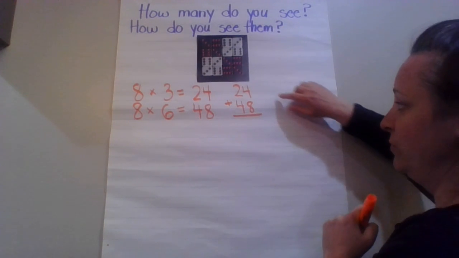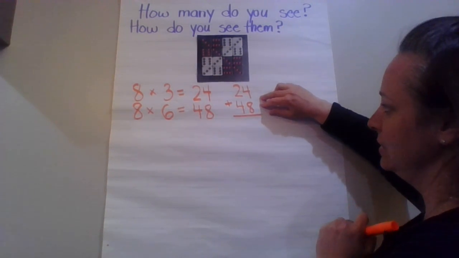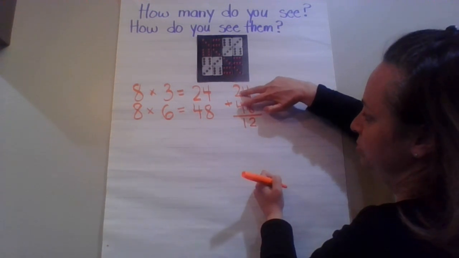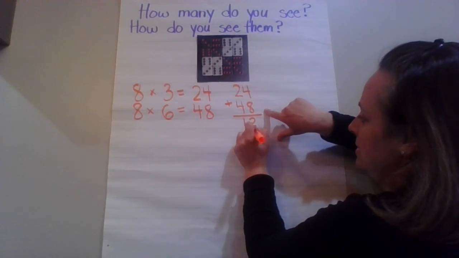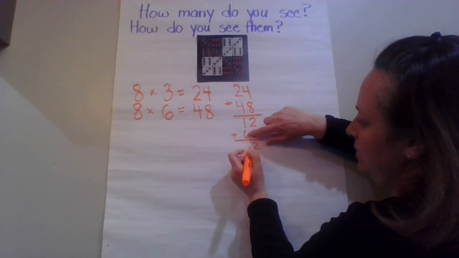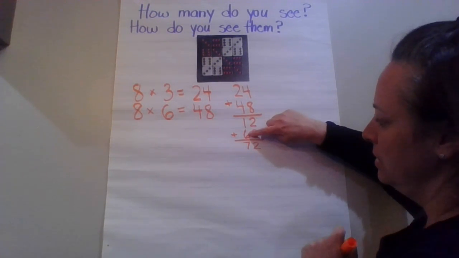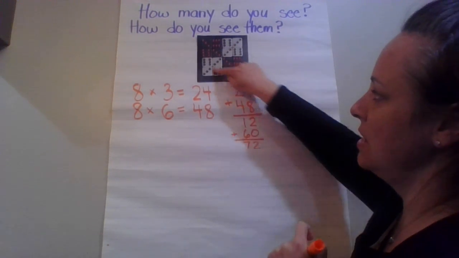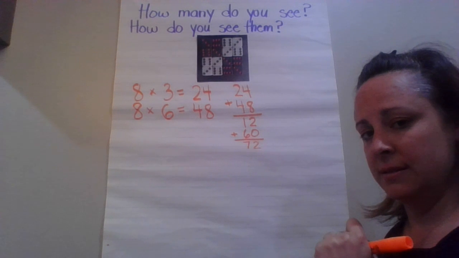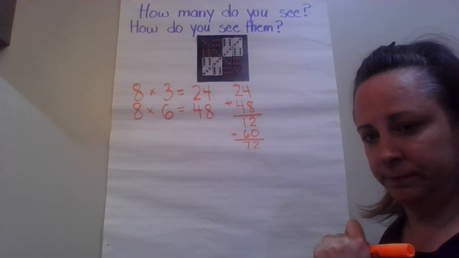You can do the algorithm if you know how, or you can do expanded if you need to. 8 plus 4 is 12. 20 plus 40 is 60. If I put those together, I have 2, and 10 plus 60 is 70. So I think that there are 72 total dots or pips on these dice. Did you get the same answer?